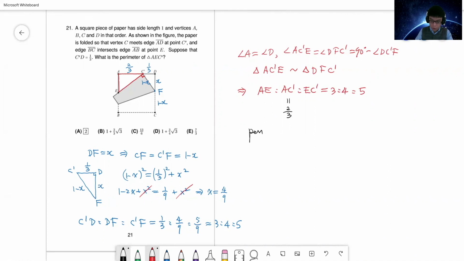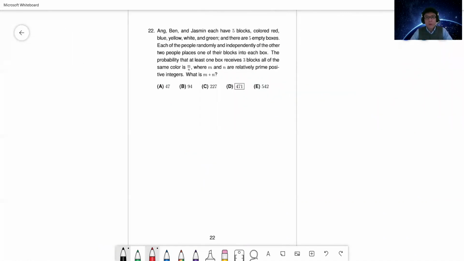So here we can find the parameter, which equals 2/3 times the sum, 3 plus 4 plus 5 is 12, 12 over 4, since AC prime corresponds to 4. So the parameter equals 2. The answer here is A.